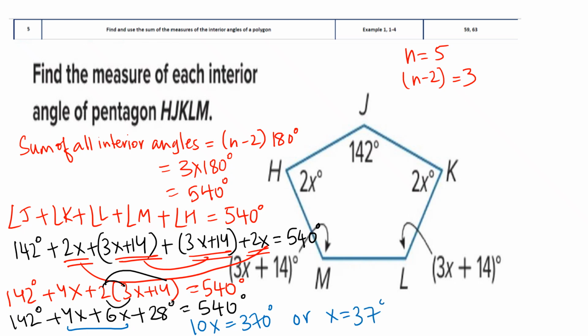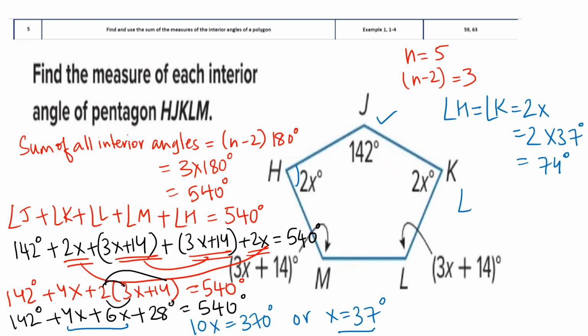Now, once you have got the value of x, you can find any angle in the question. So J is already given, angle H and angle K both are equal to 2 times x. So 2 multiplied with 37, x is 37. So this will come out to be 74 degrees, and angle L and angle M are equal.